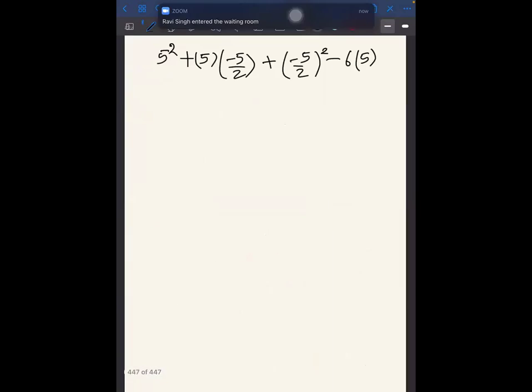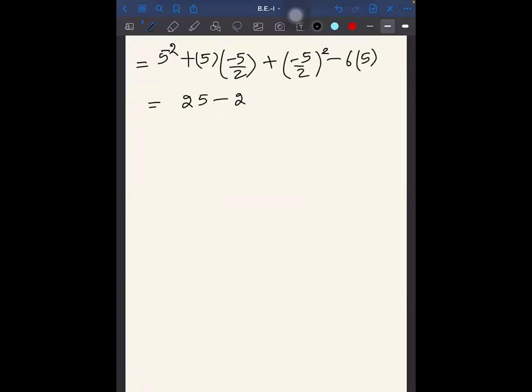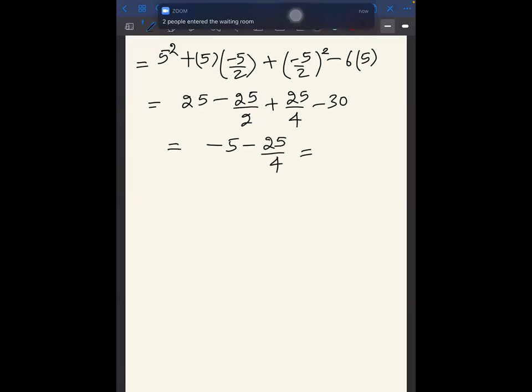Okay, so this becomes 25 minus 25 by 2 plus 25 by 4 minus 30. Yes, so this becomes minus 5 minus 25 by 4. Okay, so this becomes minus 45 by 4.